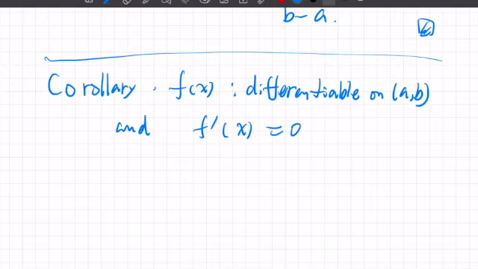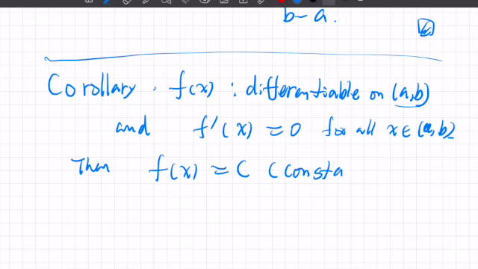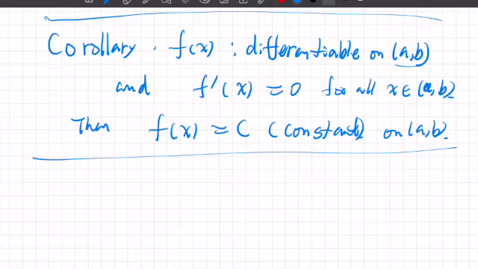So that means for all x in this interval, the derivative is 0. Then f of x is a constant function, c, which is a constant on this interval.